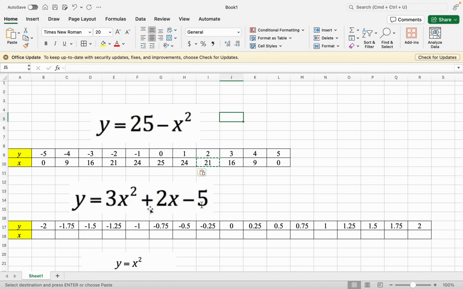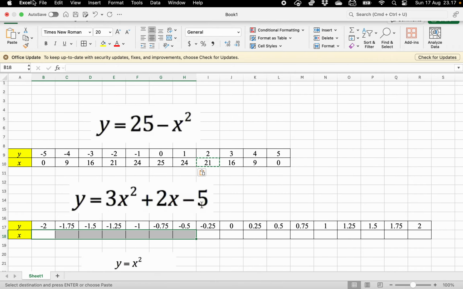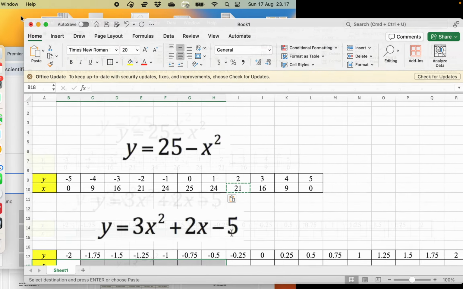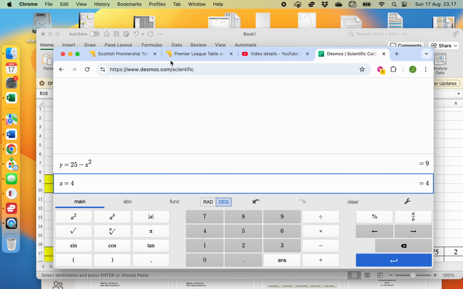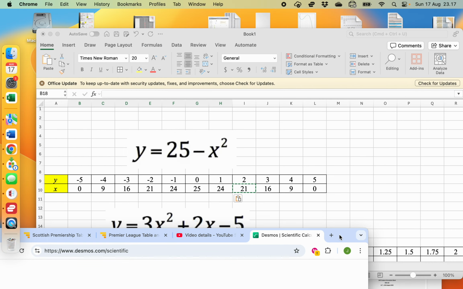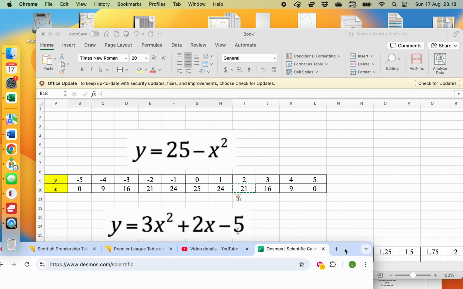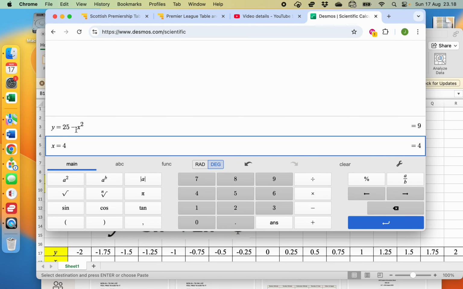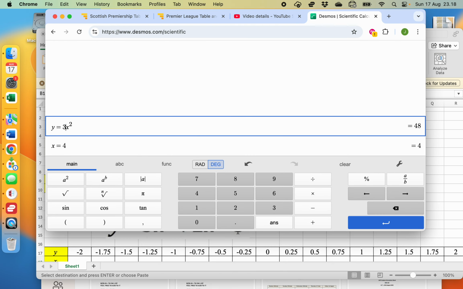If I want to do a harder one, like 3x squared plus 2x minus 5, I could put spreadsheet formulas in, or I could get Desmos to do it for me. Let's get back to Desmos. So y equals 3x squared plus 2x minus 5.